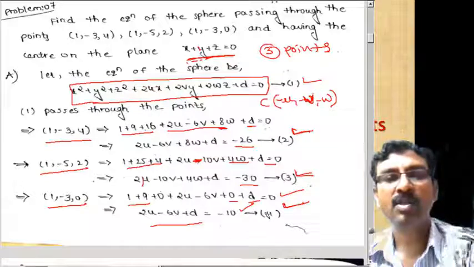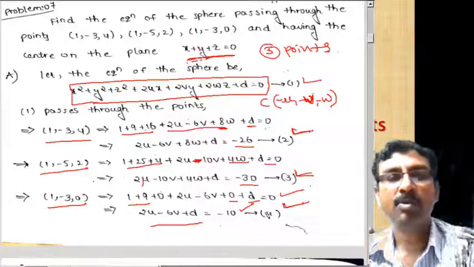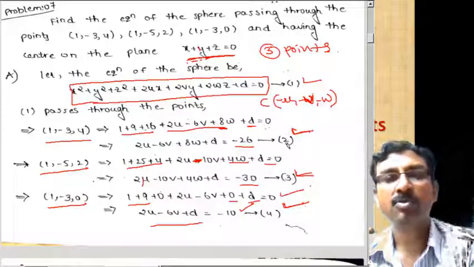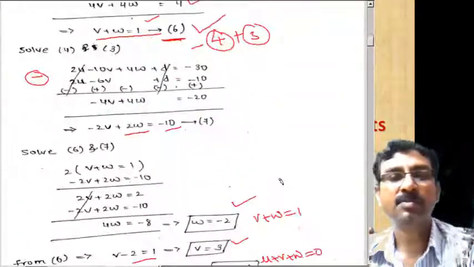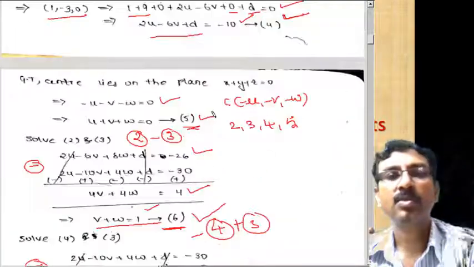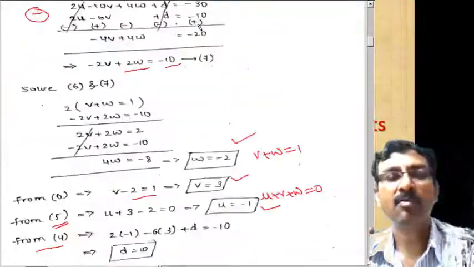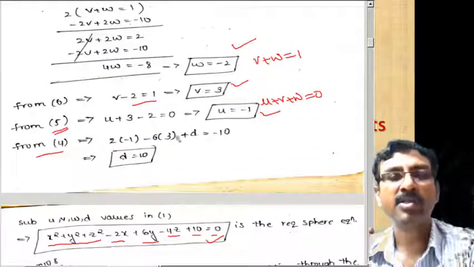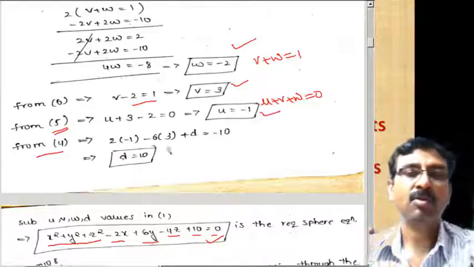Because the fourth one is very simple compared to the second and third equations. What is the equation? 2u minus 6v plus d equal to 10. Substituting u and v values, we get d equal to minus 2.